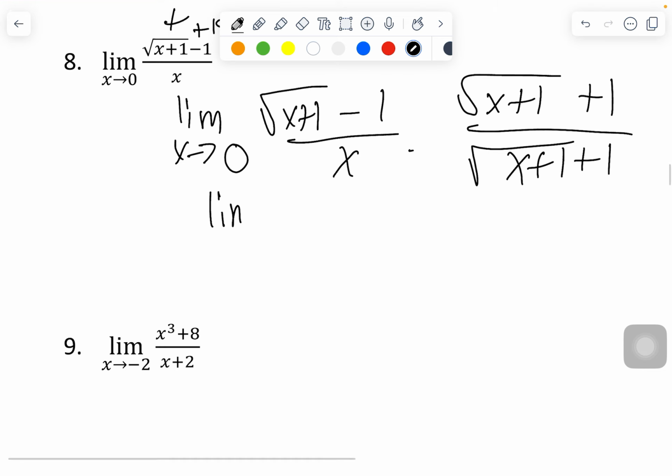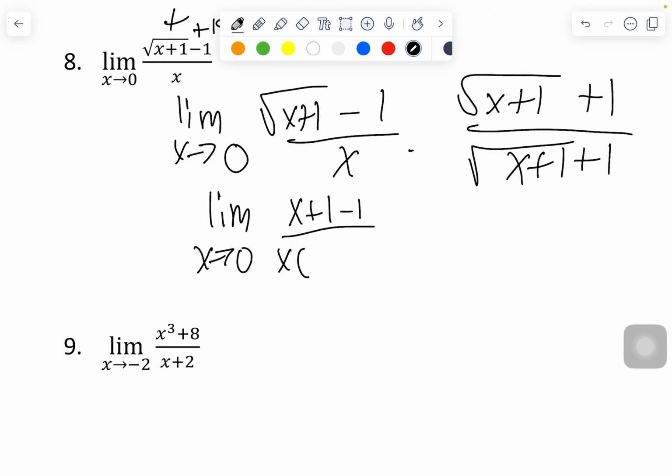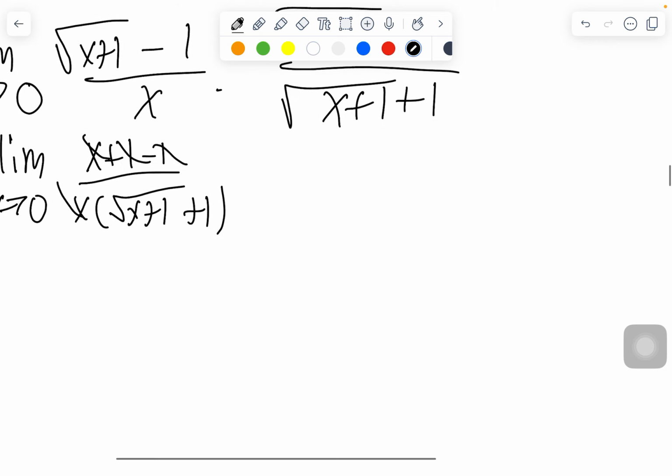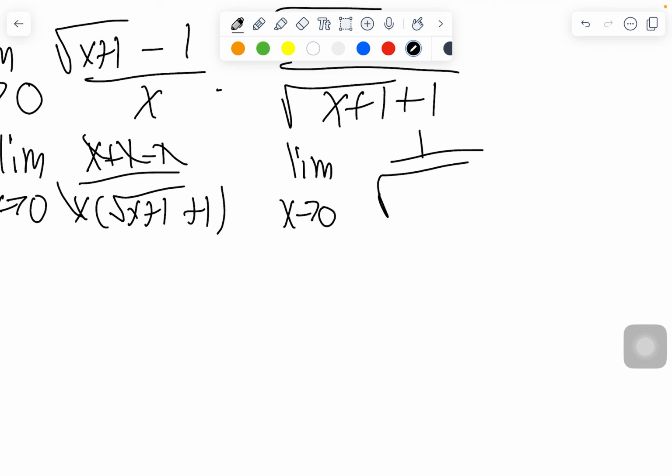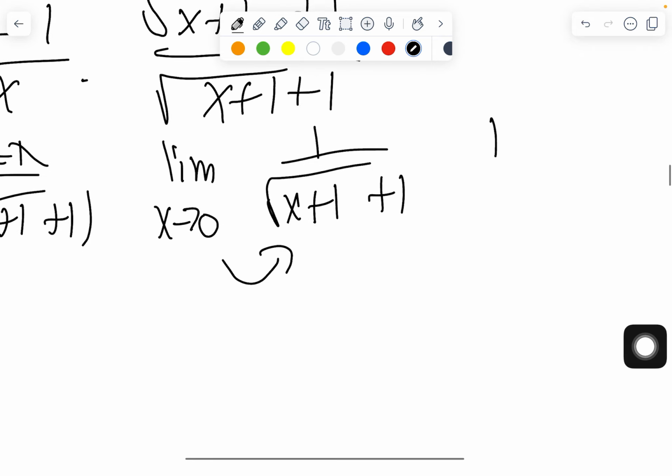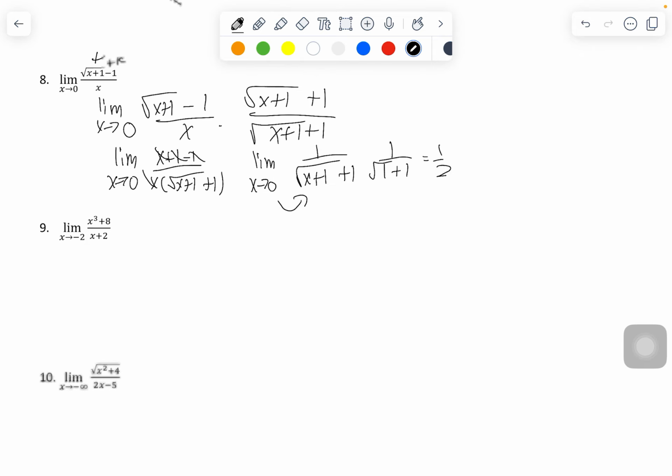So then we get, these all cancel, as x approaches 0 of 1 over root x plus 1 plus 1. If we plug in x here, we get 1 over root 1 plus 1, which is just 1/2.